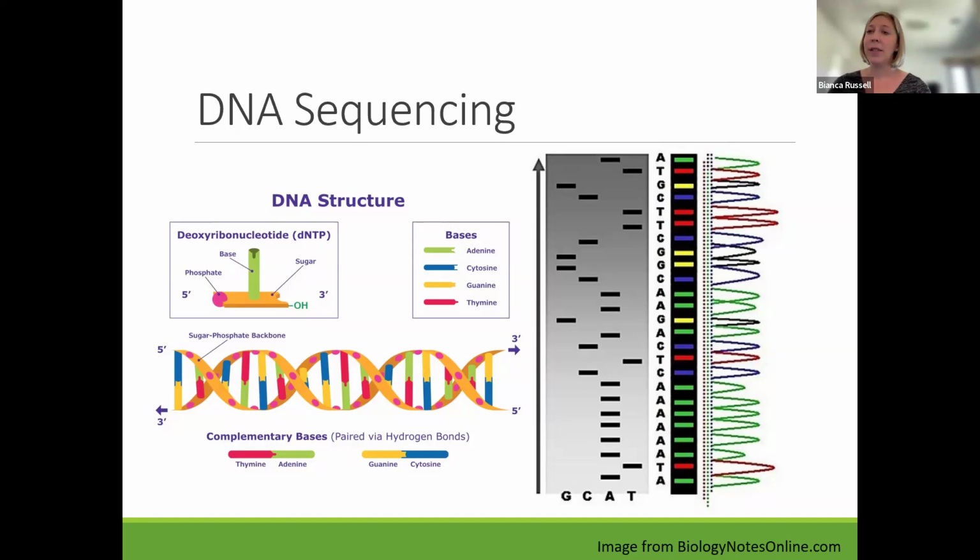Again, this is an example, and this picture here where it shows the G, C, A, and T is actually the readout and how it looks when we do the sequencing. We just get different color peaks for all the different letters, the A, T, G, and C. Based on that, we are looking for single letter changes or a few letters that are missing or extra that could change how the DNA word or gene is read.